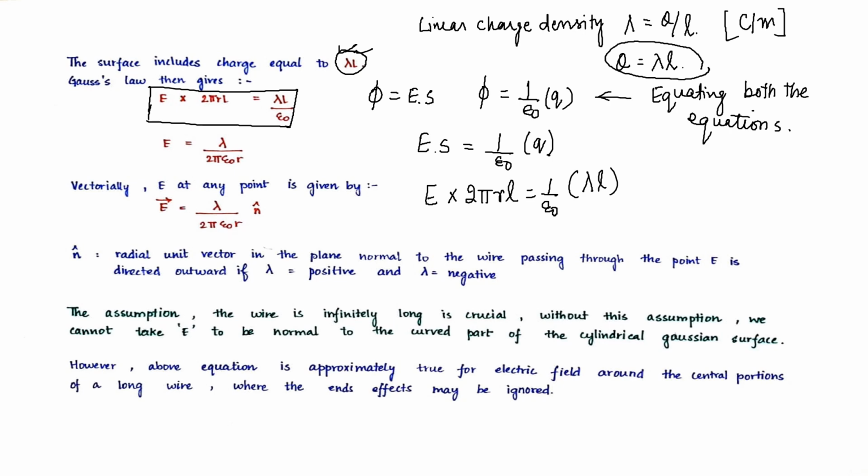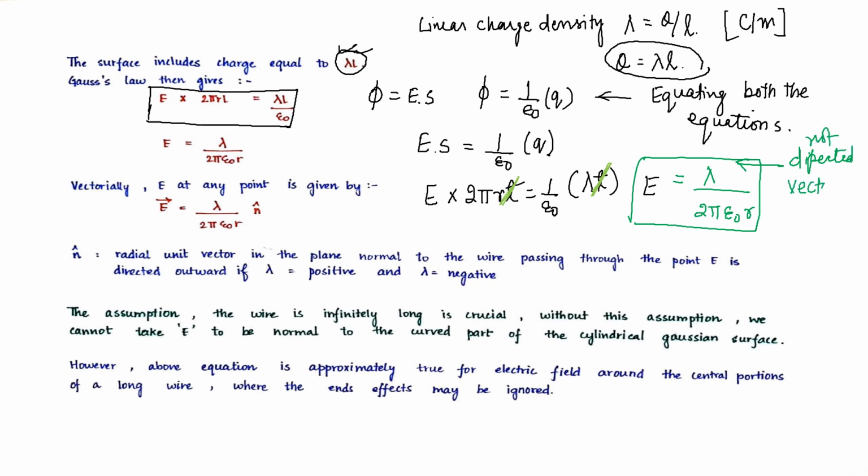Now L and L will cancel out, I'll cancel the L with green, L will cancel out with L and E will be given as lambda upon 2 pi epsilon naught R. That is the value, and this is not depicted vectorially.